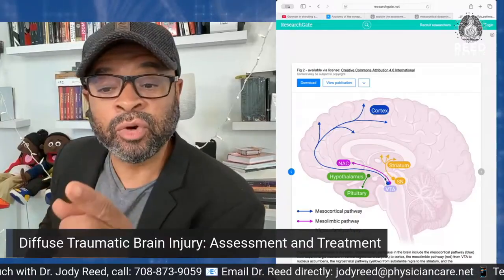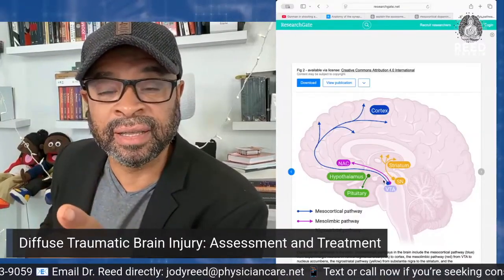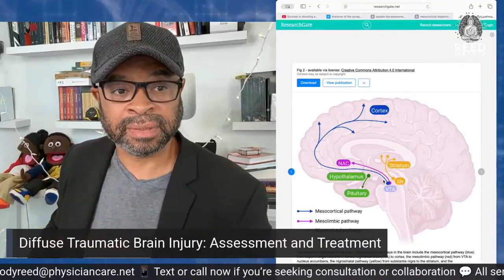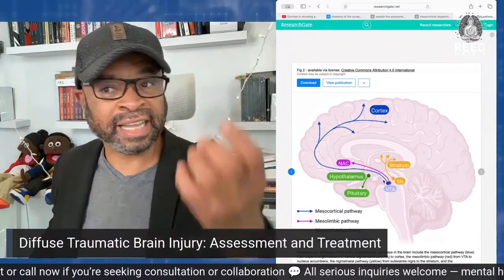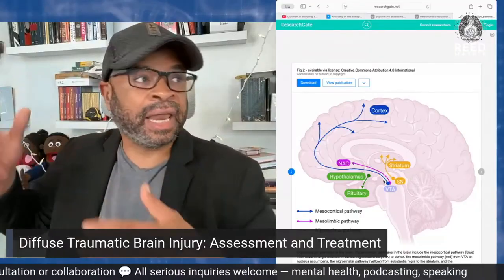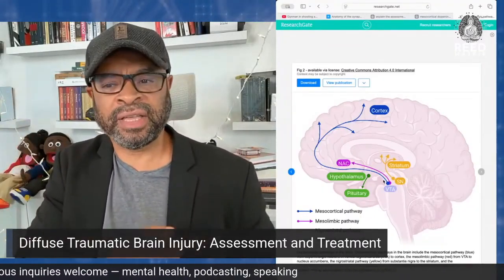When this mesocortical pathway becomes hyperactive, you get positive symptoms of schizophrenia. When it becomes hypoactive, you get negative symptoms. And so an injury, diffuse traumatic brain injury, can switch this network on and off. And so the patient presents agitated, psychotic, then withdrawn and apathetic and avoidant and things like that.